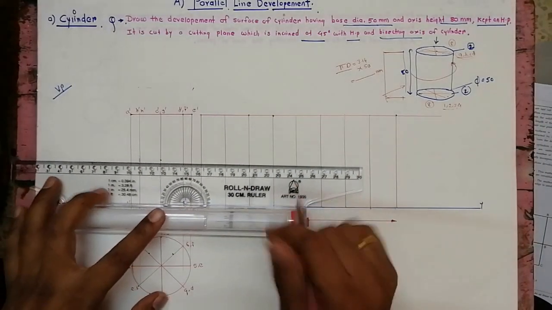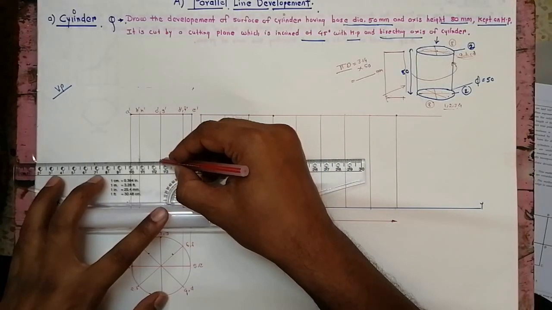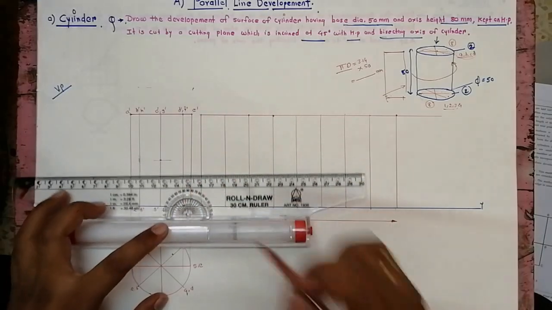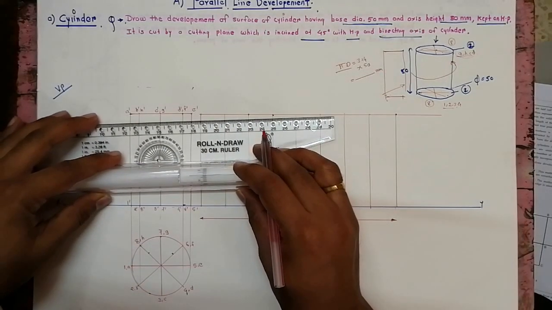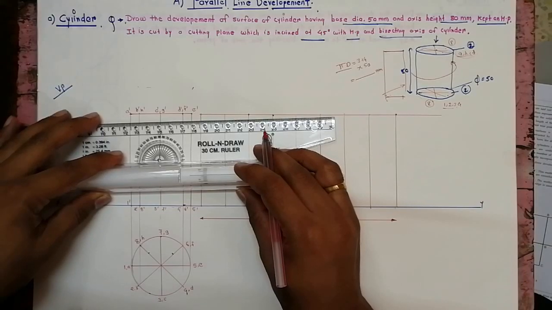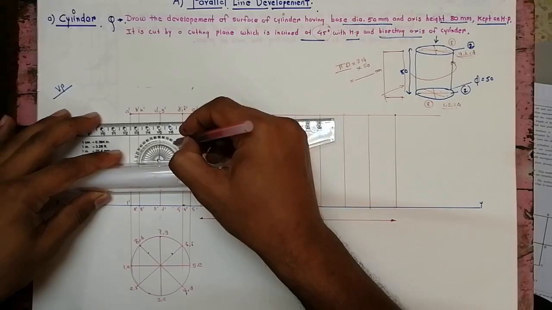Now at that point you draw one small horizontal line, and on that horizontal line keep the protractor 0. How much angle do we have to take? We have to take a 45-degree angle.